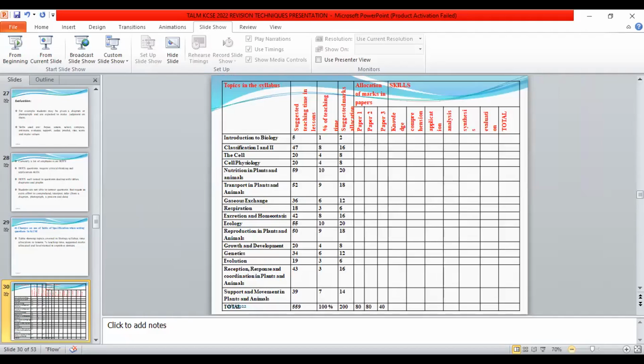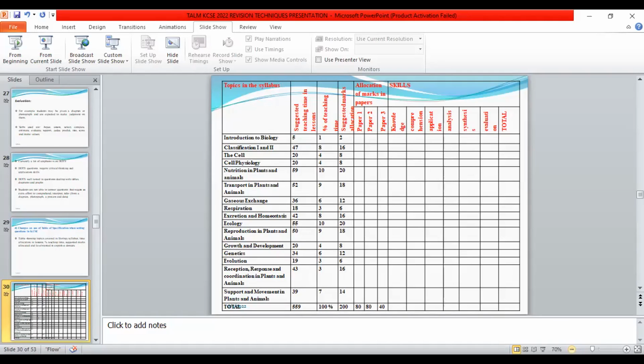If we are testing knowledge level alone, our students will be disadvantaged because they have not practiced questions on analysis, synthesis, and evaluation. And that is why we keep blaming the examiners for being strict, yet we are the same teachers, we are the same examiners, and the question has not changed.